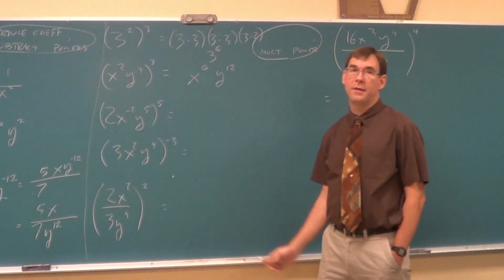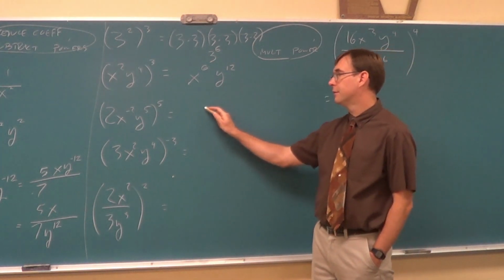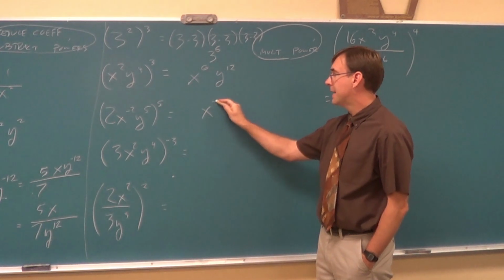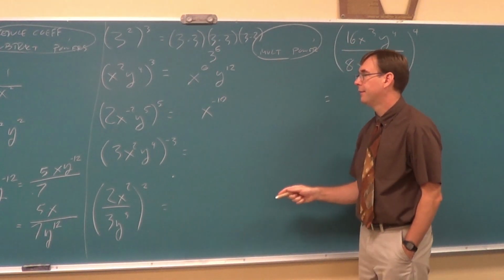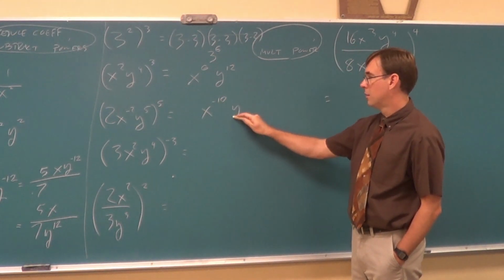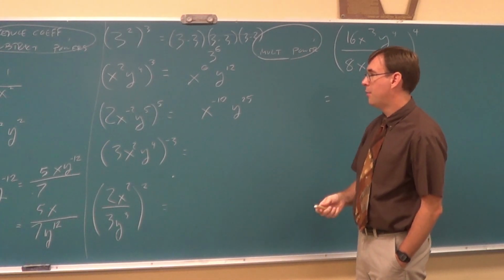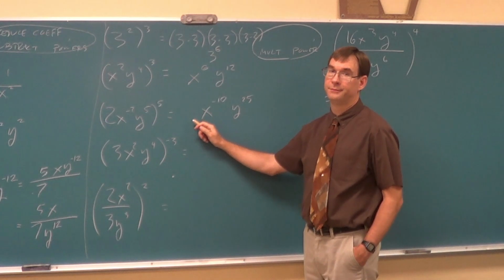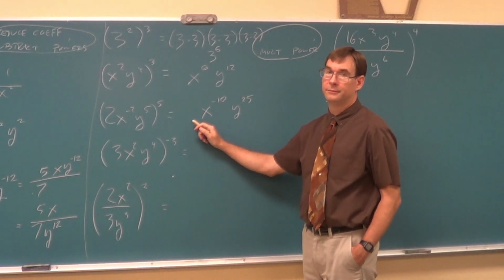True. For this one, a thought. 2x negative 10. There is an x to the negative 10. I'm on board with that. Y to the 25. There is a y to the 25th. I'm on board with that. I'm not on board with the 2. So the 2 would change to 32.